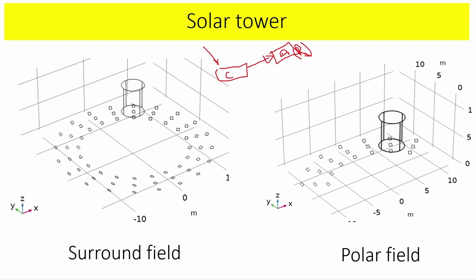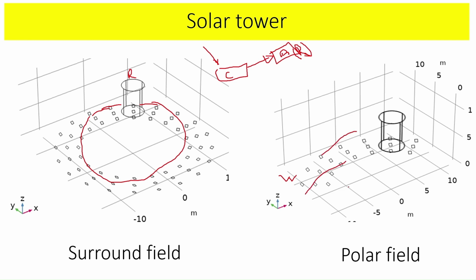In a surround field, the collectors are all around a receiver. This is the receiver or absorber, and these are the collectors, all around. The second type is where we have collectors only on one side.